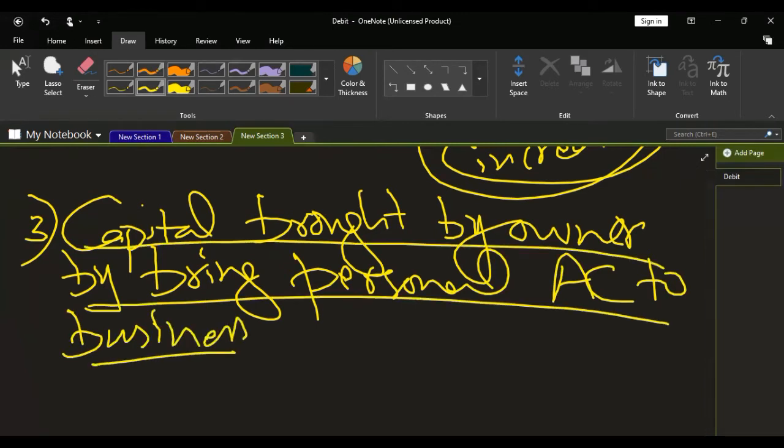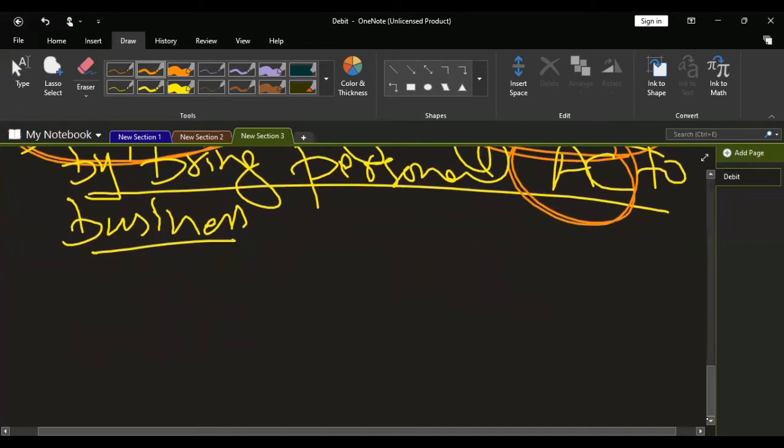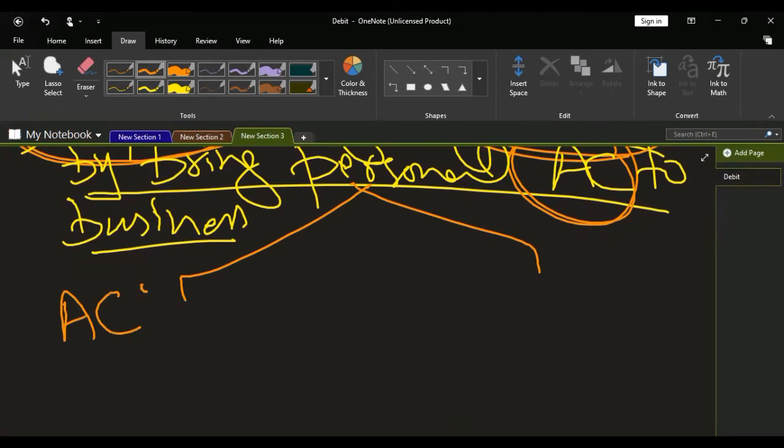Now, what has happened? The capital has been affected, as the owner has brought something to the business, and the thing brought by the owner is the AC. So what will the business think after this transaction? Firstly, the business assets increase.